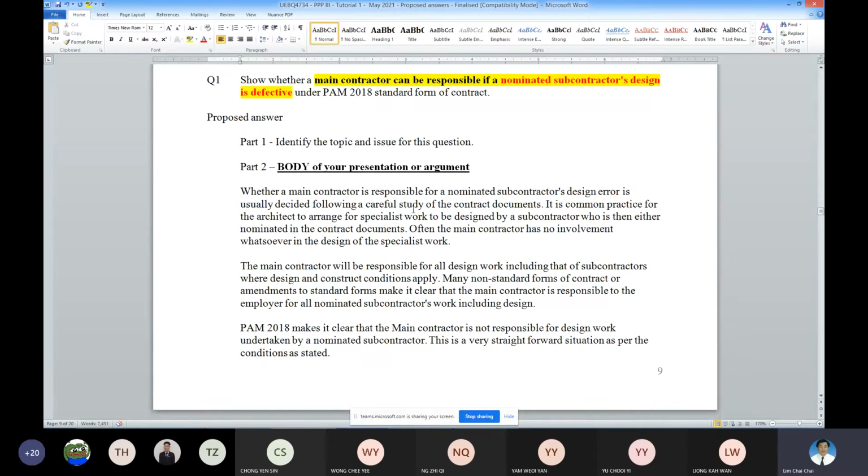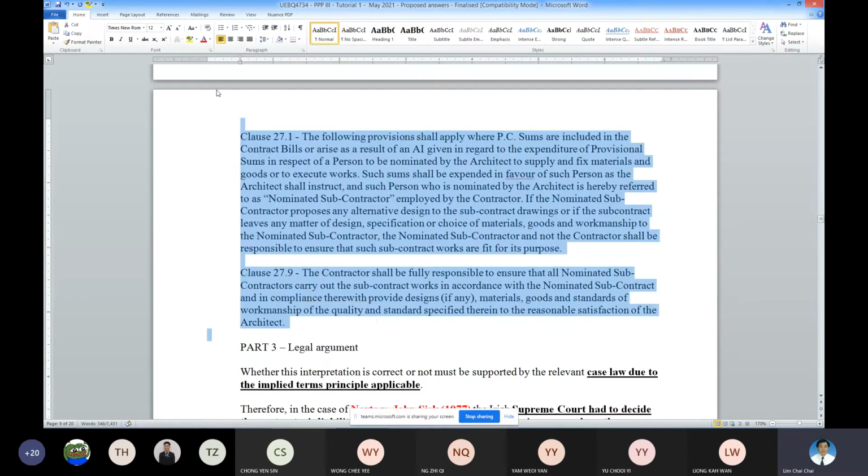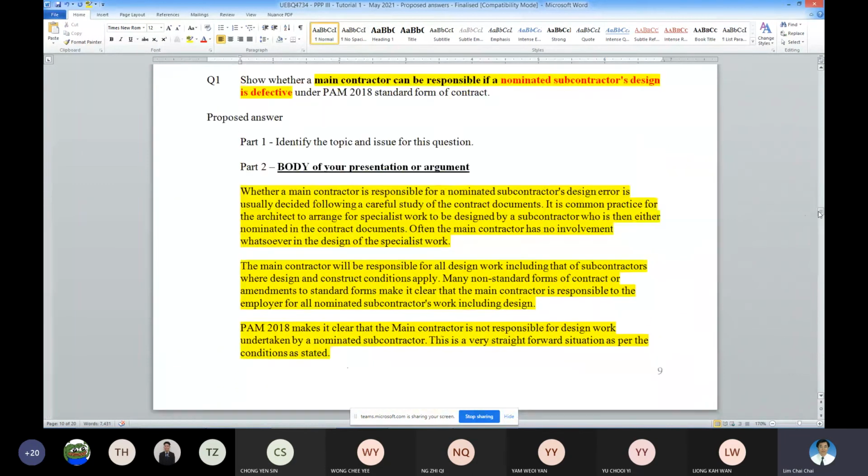The argument, usually you bring forward your contractual or your condition of contract understanding to present your case. So this is what is shown to you earlier on, the various clauses that are related to the design. So these are the items related to design.